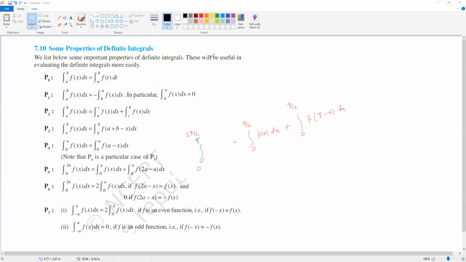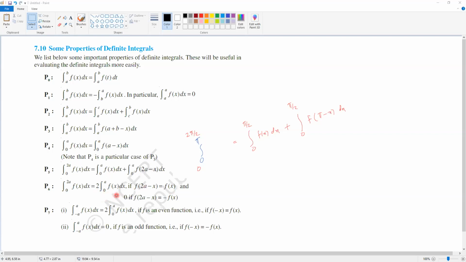The property says 0 to 2a can be split as 0 to a f of x plus 0 to a f of 2a minus x. The sixth property is a sub property of the fifth. If the value of f of 2a minus x comes as f of x, then what happens? 0 to a f of x dx plus 0 to a f of x dx, that is 2 into 0 to a f of x dx.